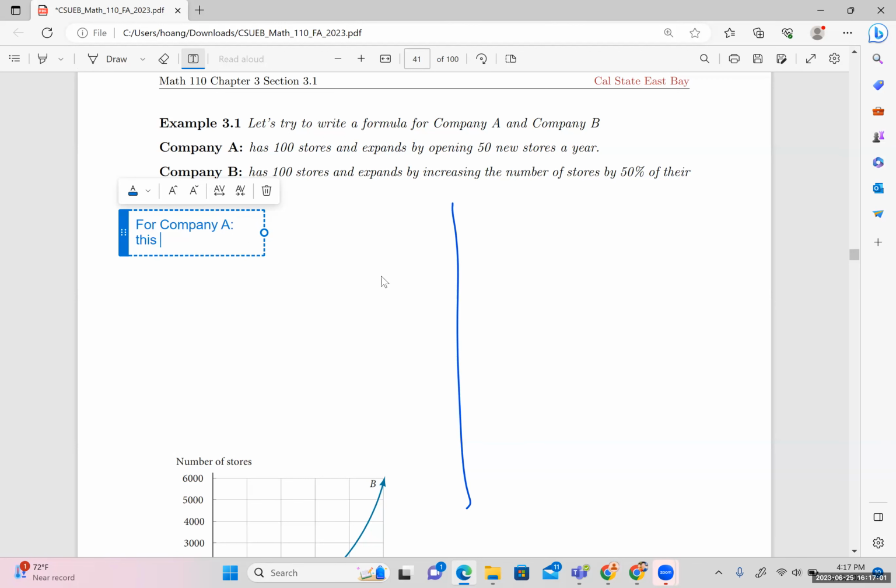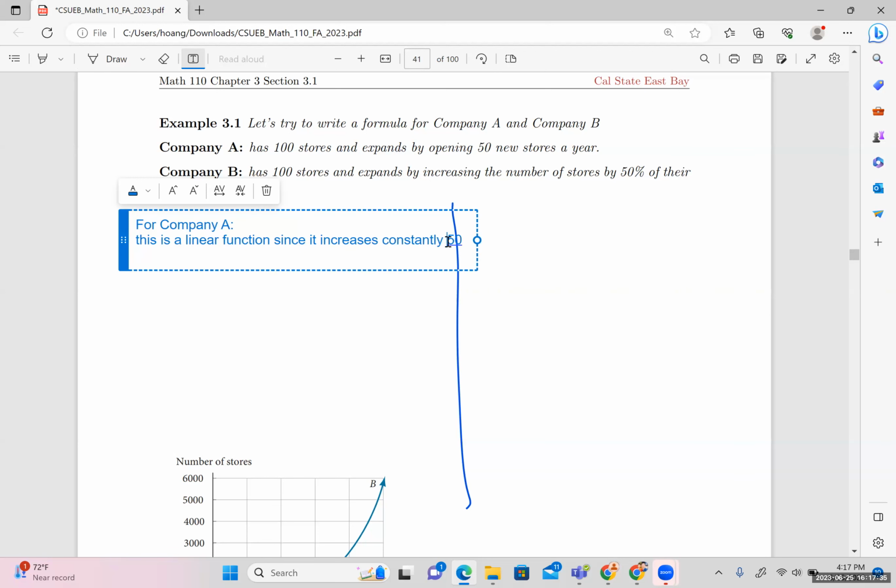This is a linear function, since it increases constantly, 50 stores per year.